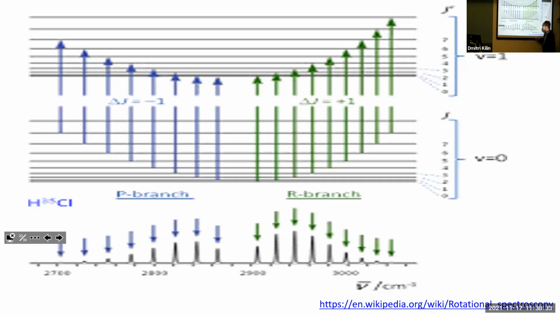And the shape of the intensities of these transitions also looks like wings of an eagle. So intensity increases, then decreases, increases, then decreases.